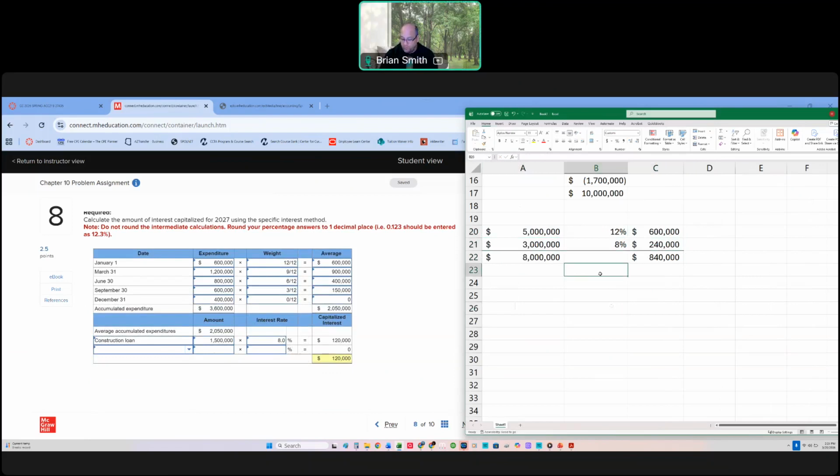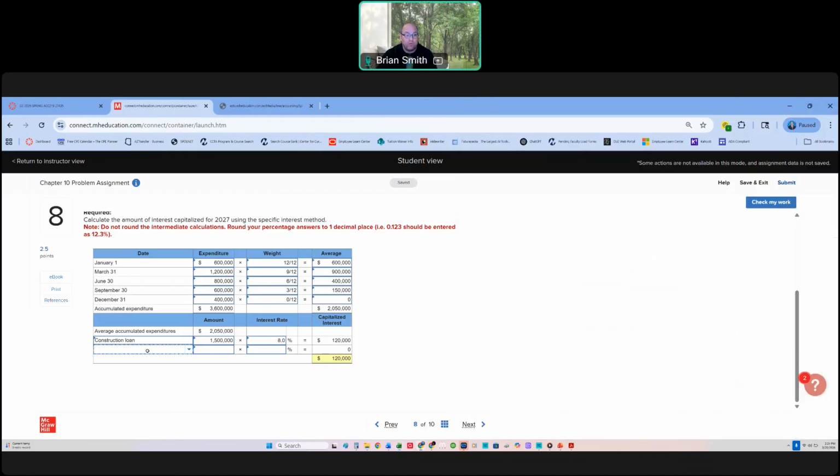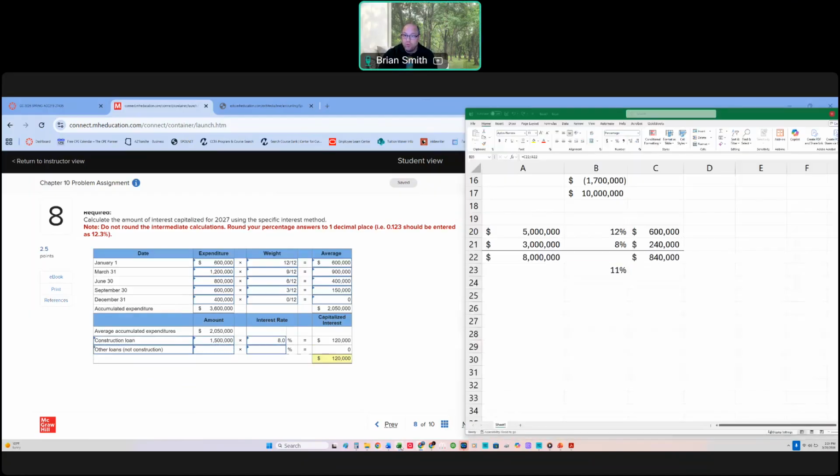Okay, so we need to come up with our weighted average interest rate. 11%. So we're going to take our other loans and do the weighted average of them.